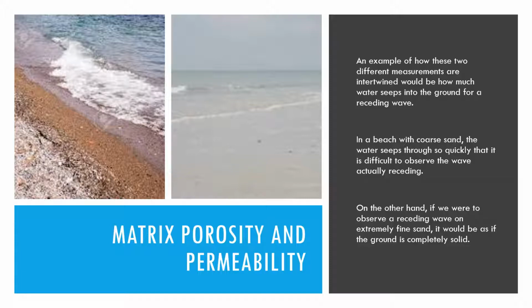So it sort of gives you the illusion that the wave is going through solid ground and coming back. Even though some of the water does flow through the sand, it's a very little amount, and that's what gives the illusion of solid ground.